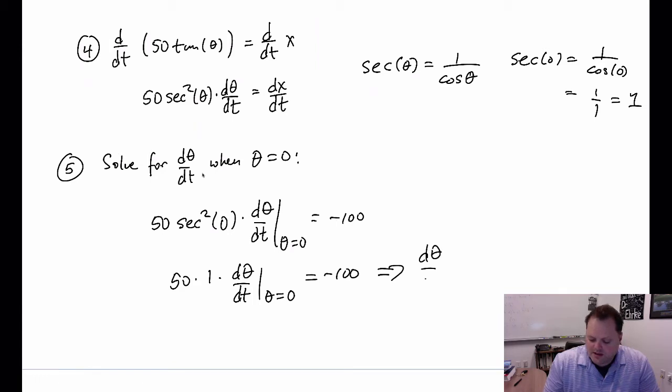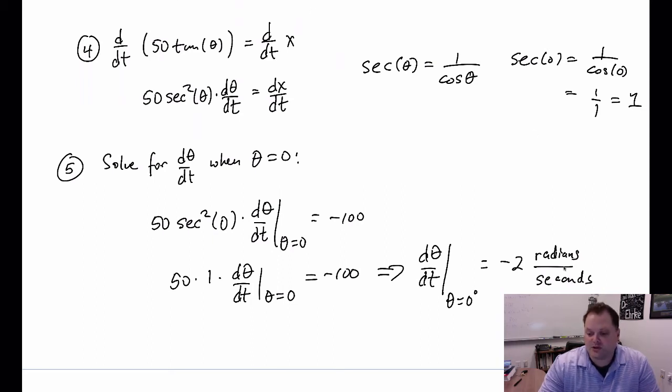So d theta dt, if I solve for it, when that angle is all the way closed down, is given by negative 100 divided by 50, which would be negative 2. Let's be careful on the units here. The units for theta are radians. The units for time are seconds. So this is negative 2 radians per second.